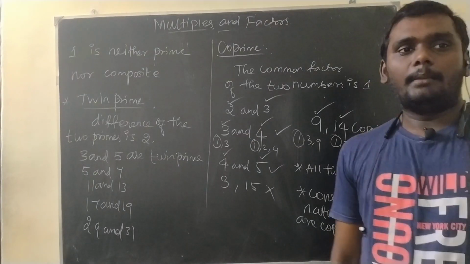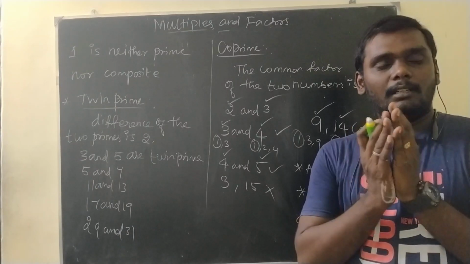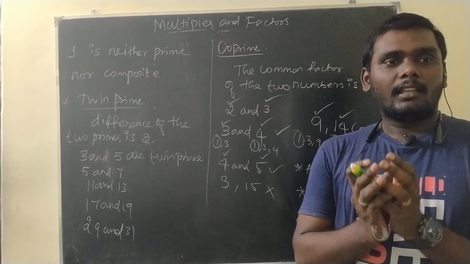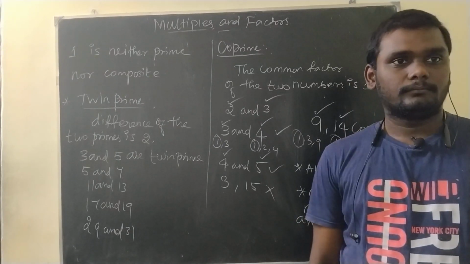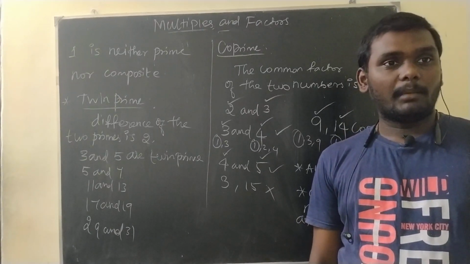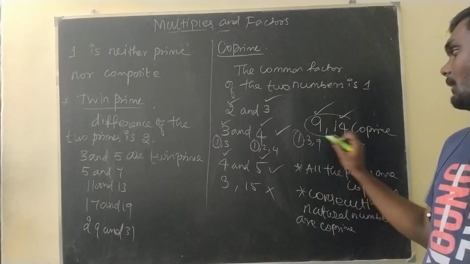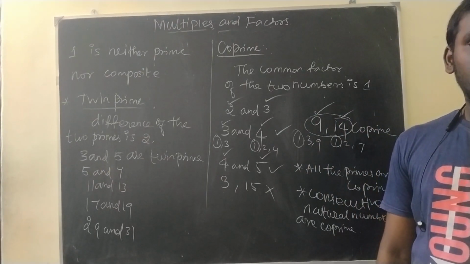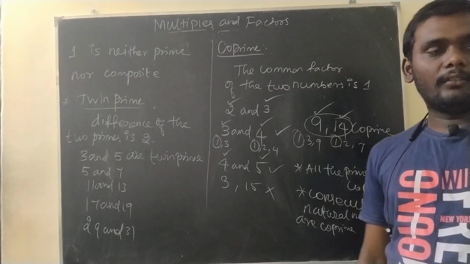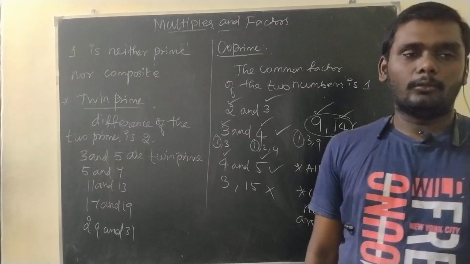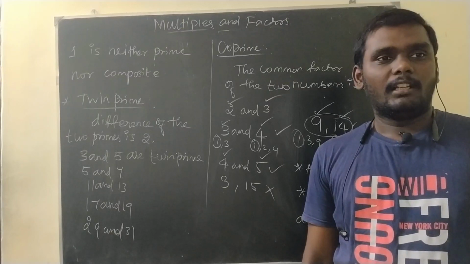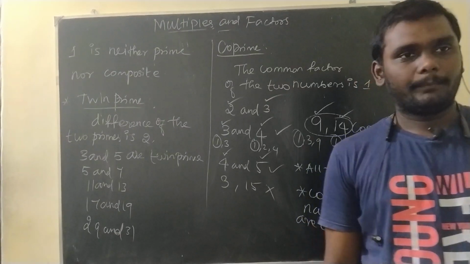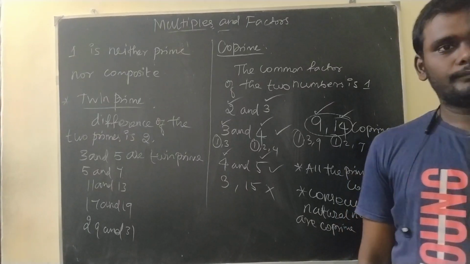So what we are observing from this is, when we say co-prime, the numbers need not be prime. Even two composite numbers can be co-prime. Only the co-prime condition plays a vital role. It doesn't matter whether the involved numbers are prime or not. Okay. Clear?